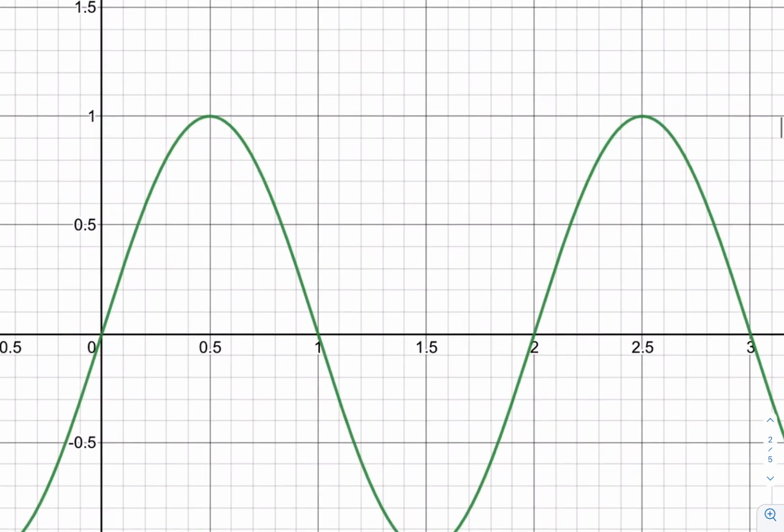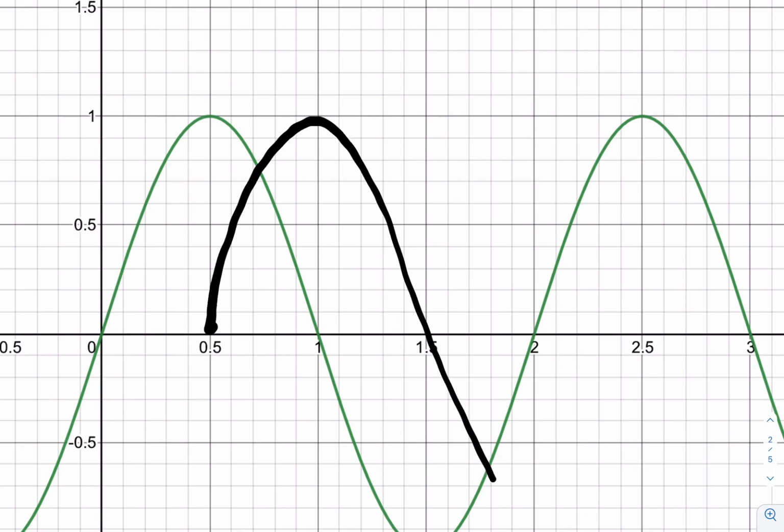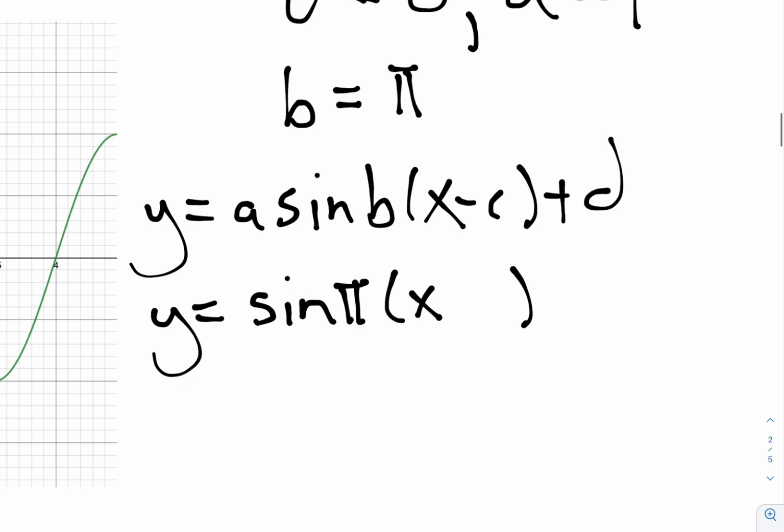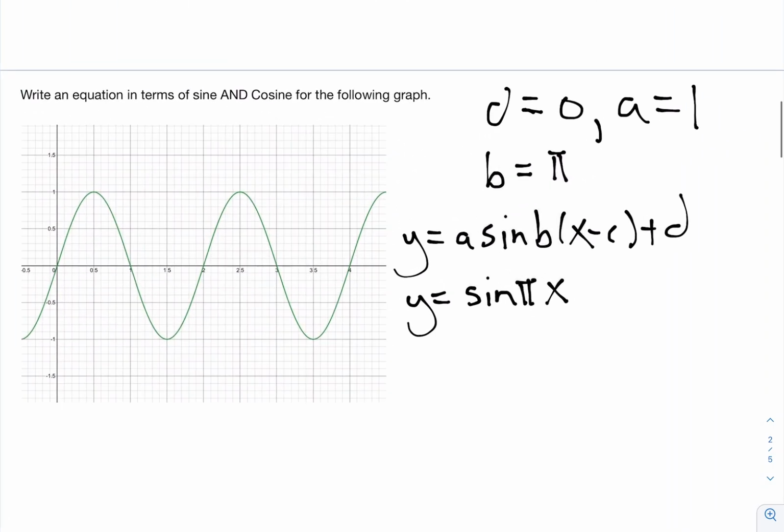If the sine graph started here, it would be shifted over 0.5 units, so it would be x minus 0.5. But this one starts at 0, goes up, it looks just like a regular sine graph. So we're not going to put anything in there. We don't need to put pi times x minus 0. We can just put pi x.